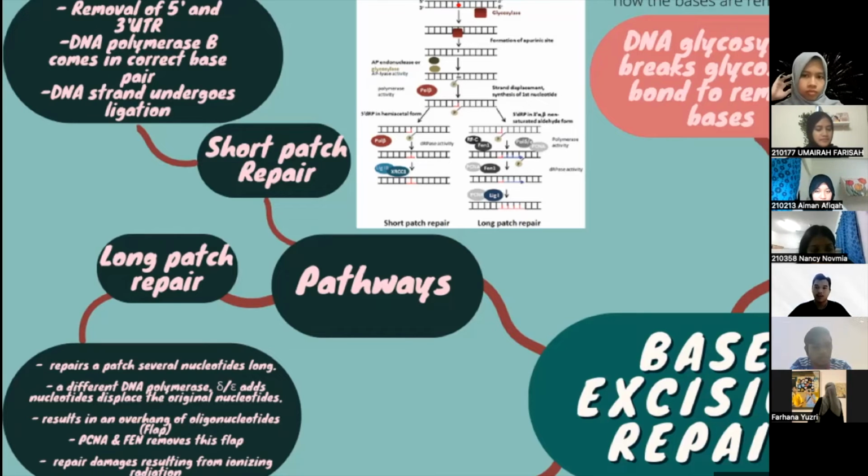This results in an overhang of oligonucleotides called a flap, which contains the damaged base. In the presence of replication factor PCNA and FEN1, this flap is removed before DNA ligase seals the nick. The mechanism of long patch BER is particularly useful to repair damage resulting from ionizing radiation. Next, I will pass to the next presenter.